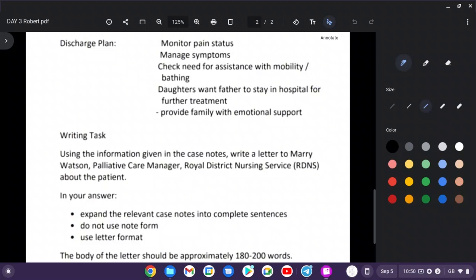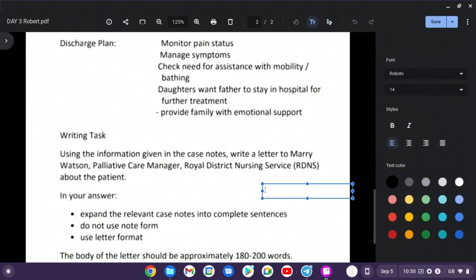So we need to find out why we are writing this letter. That is very important. Then only you can tell what the purpose of the letter is. So the first question you are going to ask is why you are writing this letter. That's the first important question.